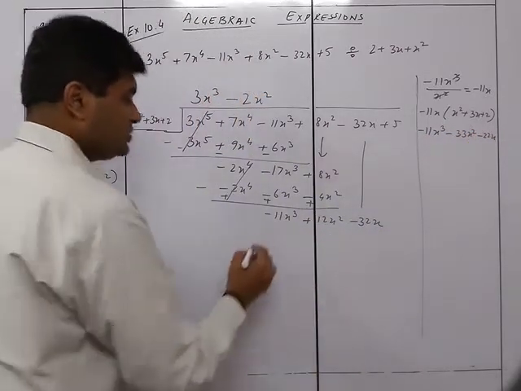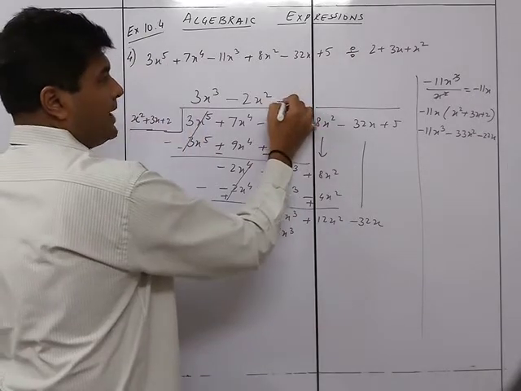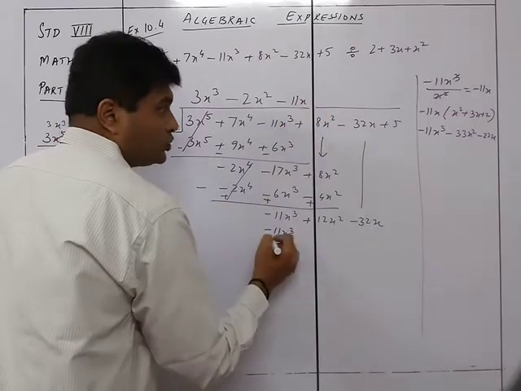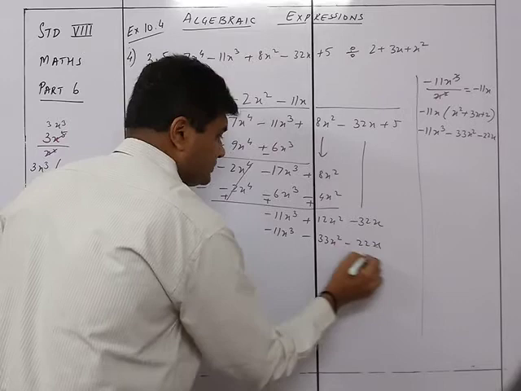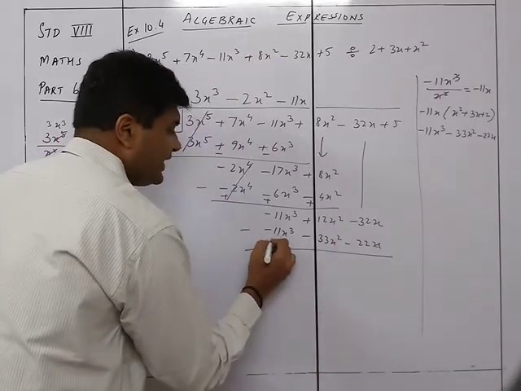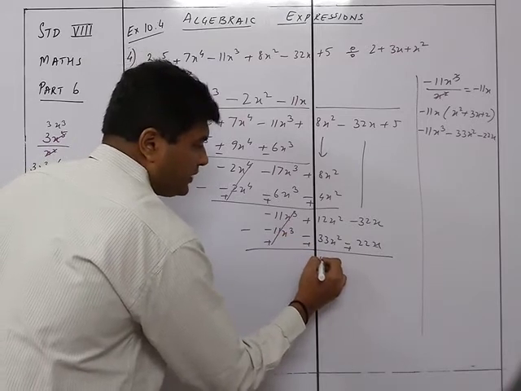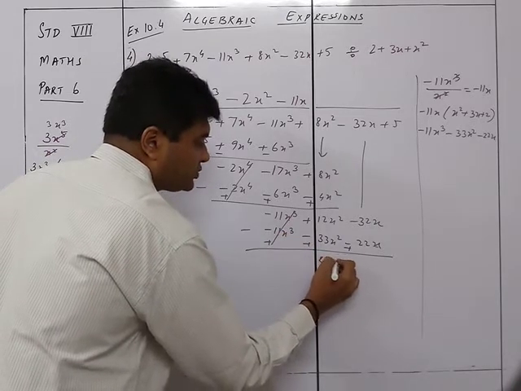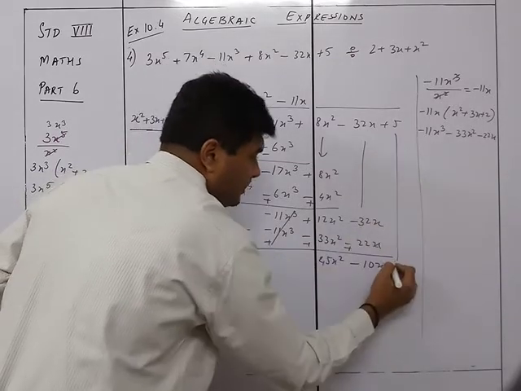Put this into values. Yeah, we had to put over here minus 11x. So minus 11x cube minus 33x square minus 22x. Signs change. This cancels. This will become 45x square minus 10x plus 5.